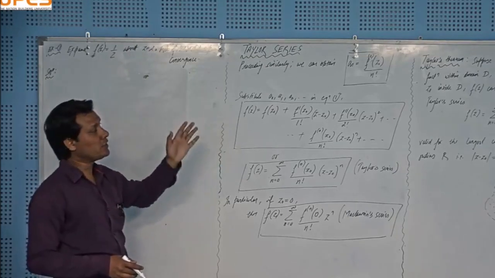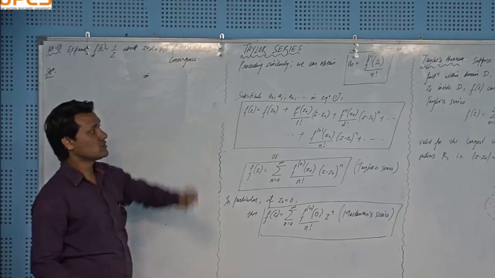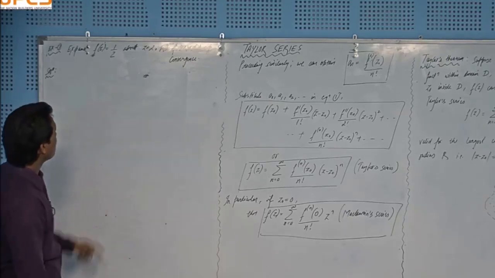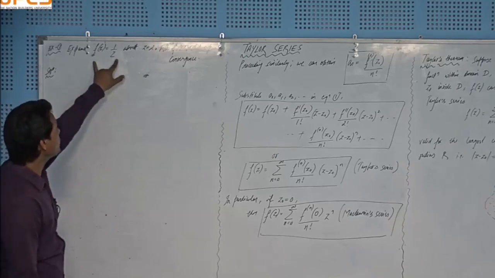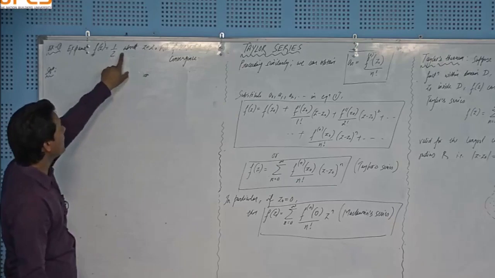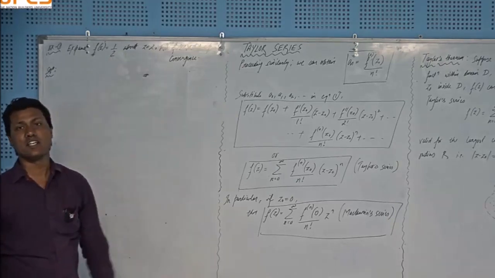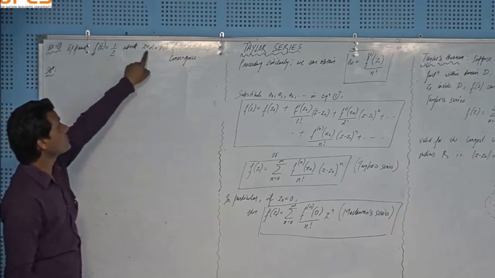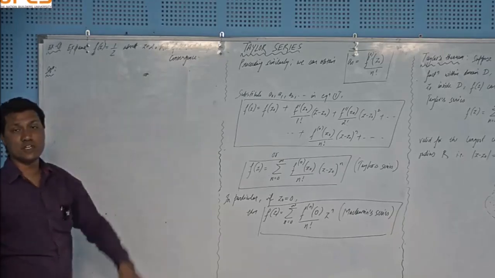That's why we will be able to expand this function in terms of a Taylor series, right. So the basic condition is that the given function should be analytic at this center, right. If this function is analytic at this center, then definitely there will exist a Taylor series. But if this function is not analytic at this given point, then a Taylor series will not exist.